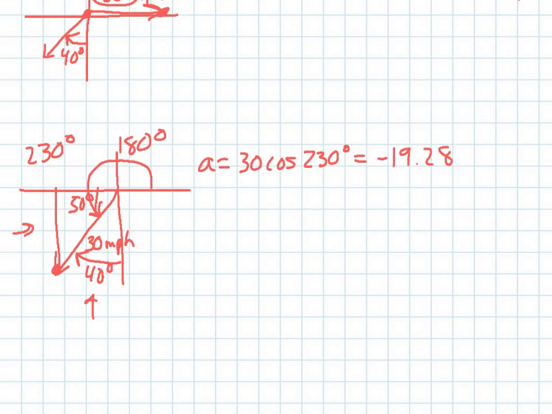If you use 50, it would just give you 19.28, so you need to make it negative since you're in the third quadrant. And then 30 sine of 230 gives me negative 22.98.